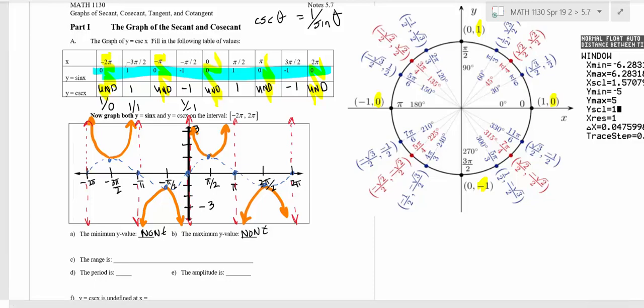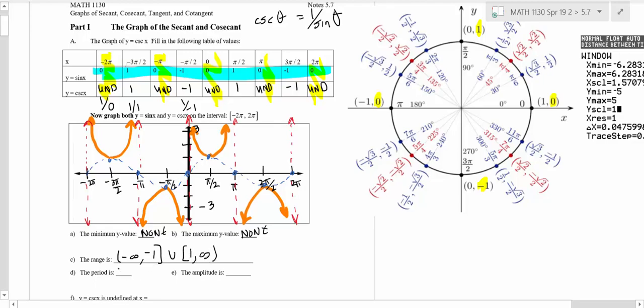The range would be negative infinity until you get to negative 1. Then there would be a gap, and then from 1 to infinity. So the way to write the range in interval notation is like this. You just say negative infinity to negative 1, and you include negative 1. That's a definite point on the graph. And then union 1 to infinity like that.